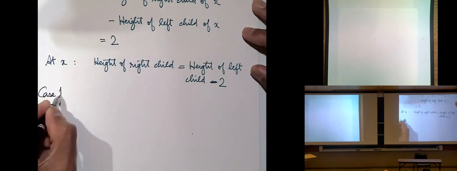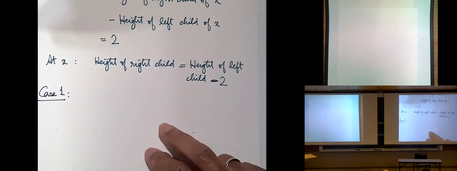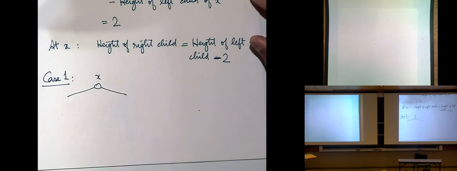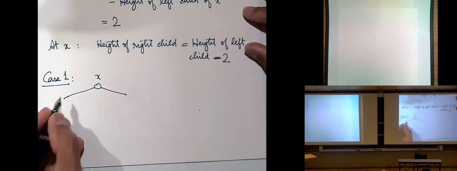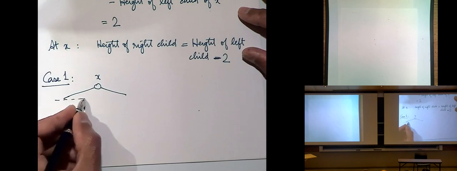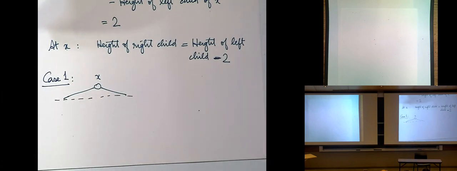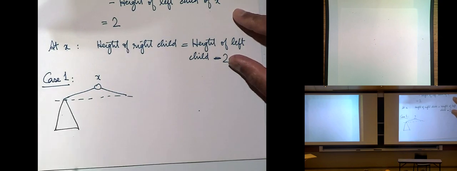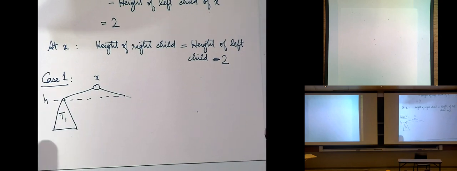So let me draw case 1. So here's x. Here are the two children of x. Let's just say that the height of the left is h.